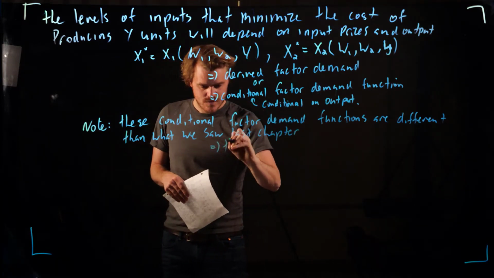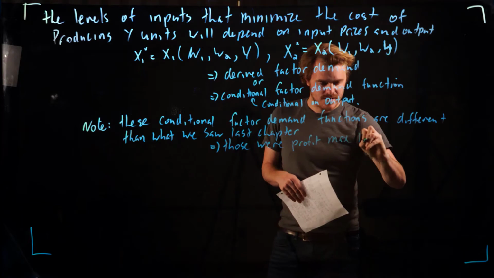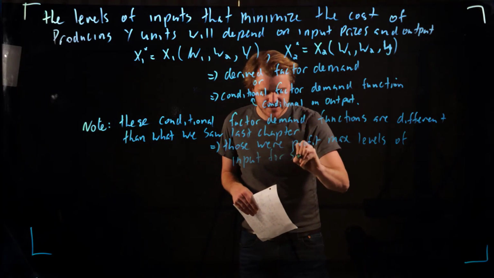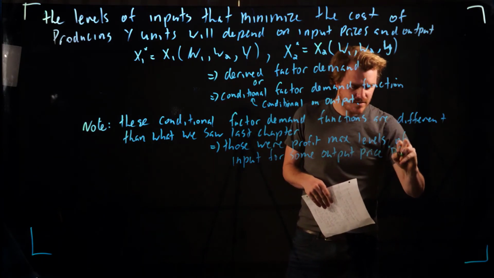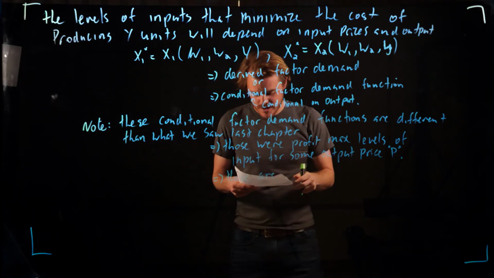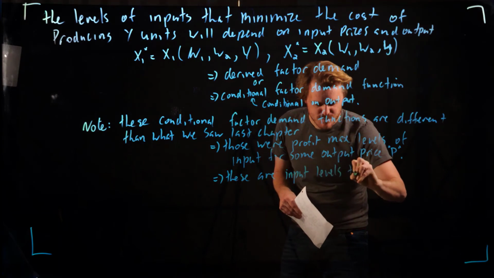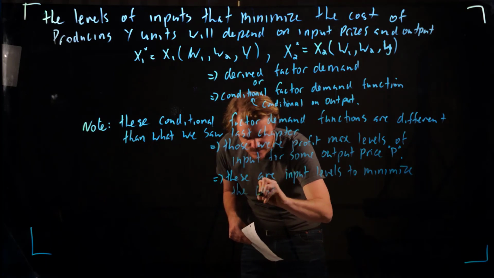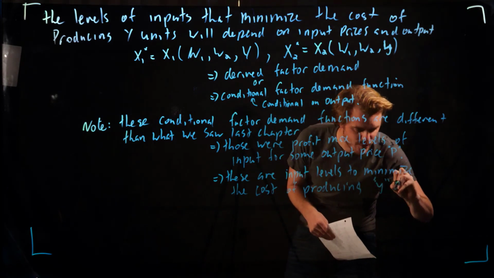Those were profit maximizing levels of input for some output price, P. These are input levels to minimize the cost of producing Y output.